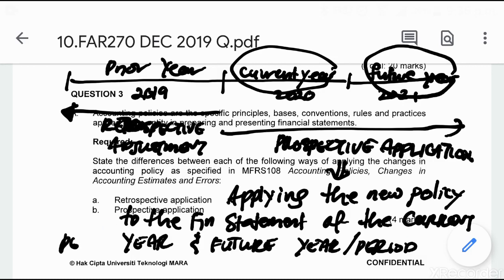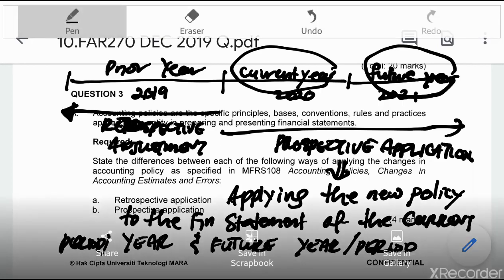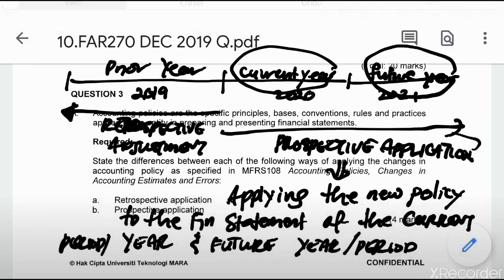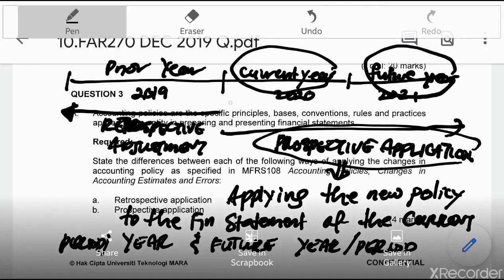So that's the difference between the two. For retrospective, you try to go to the earliest possible year where the change in accounting policy took place, as if it has always been applied. Whereas for prospective application, you apply the new policy starting from the current year, and you will continue to apply it in the future prospectively. So that was for the first part.